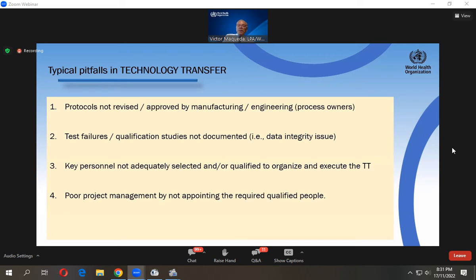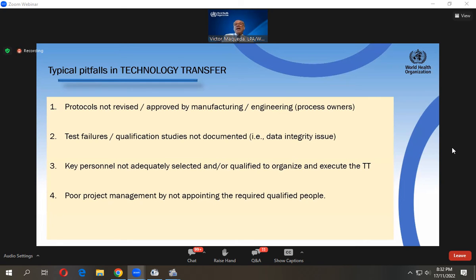So this is important also in the case when you have a tech transfer and the receiving unit is new. I mean, they haven't produced any product so far. So the first activity they perform and they start producing is based on a tech transfer. So this means that the company does not have history and experience.